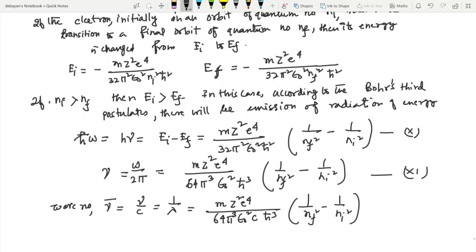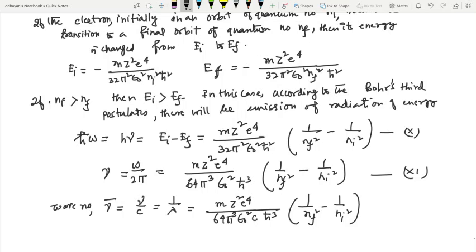So the thing is that, then we saw that our wave number is like this, and from here we can define a quantity that is called the Rydberg constant.